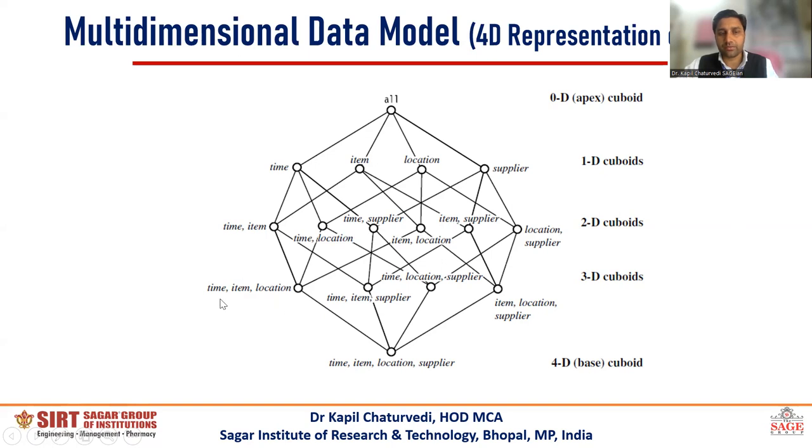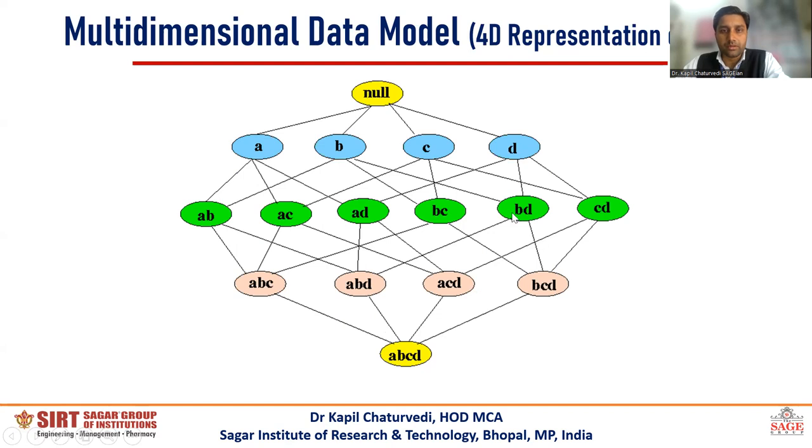And in the third phase, we make combinations of time, item, location, and make connections respectively here. If you see that carefully, you can draw that diagram easily. But keep in mind, this is a multidimensional representation of data. Basically, we are representing a four-dimensional representation of data in this particular diagram. This is another diagram to represent a lattice.